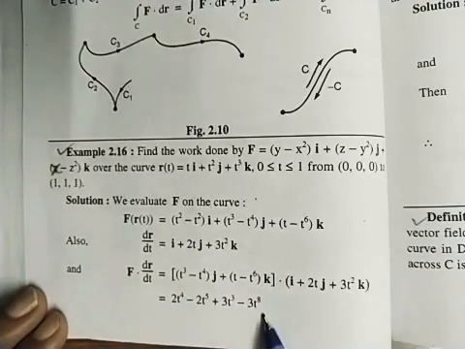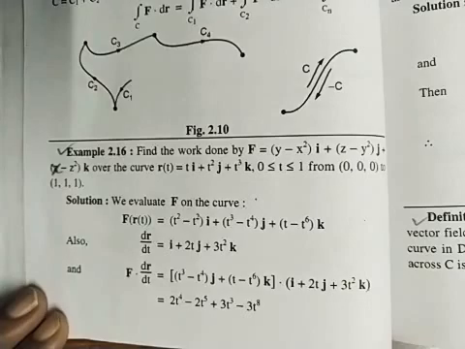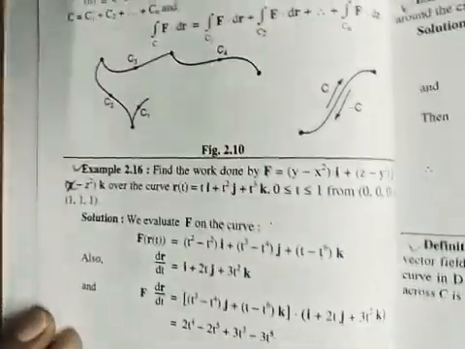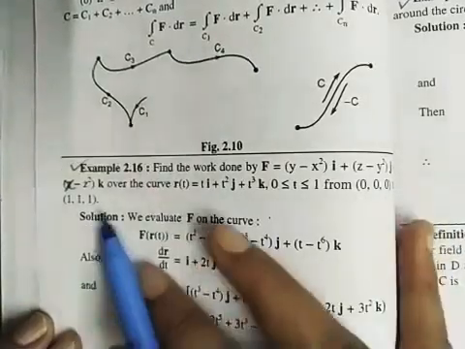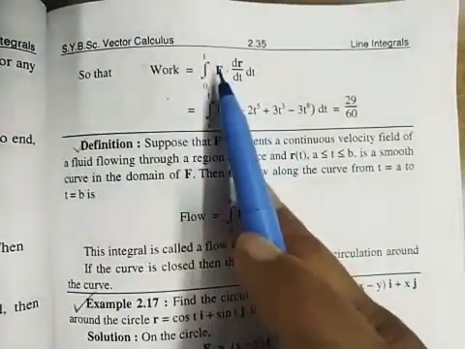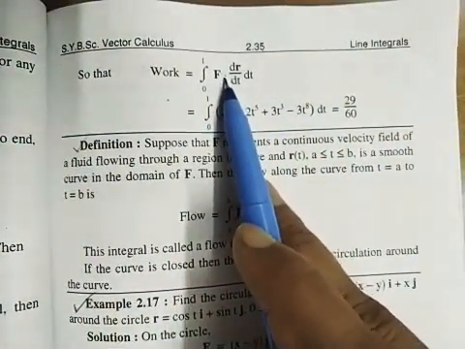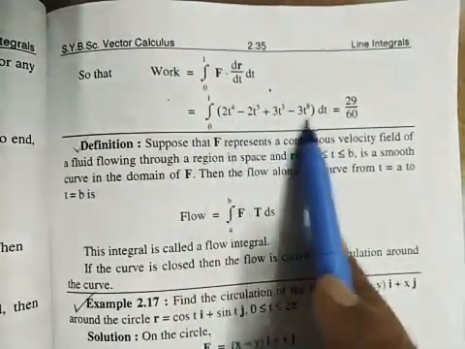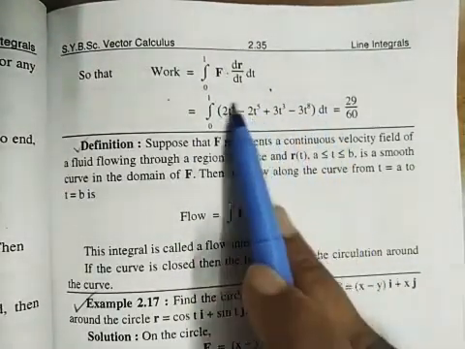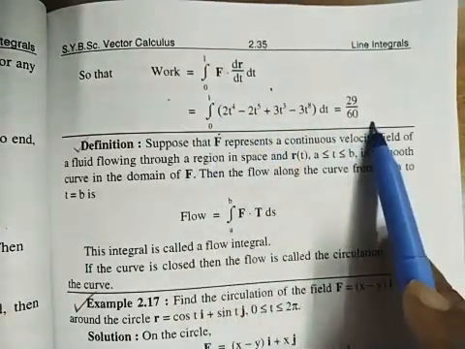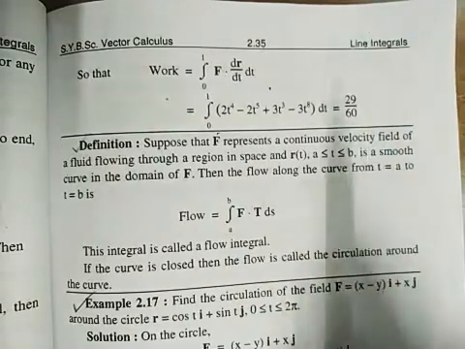It gives this answer. So next we will use the formula for work done, from (0,0,0) to (1,1,1). Work done is equal to integration of F(r(t)) dot dr by dt dt, from 0 to 1. We put this value here into dt. After integration with respect to t and applying limits, we get the answer as 29 upon 60. Okay.